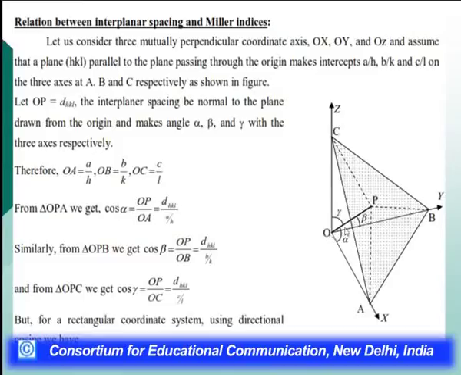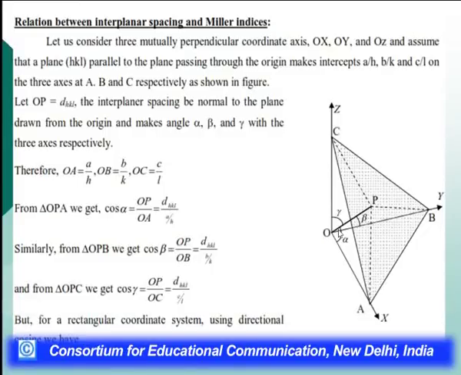OB is cut at B by K, and OC is cut at C by L. These are the intercepts. Now from the triangle OPA we have cos alpha, as it is along the x-axis.